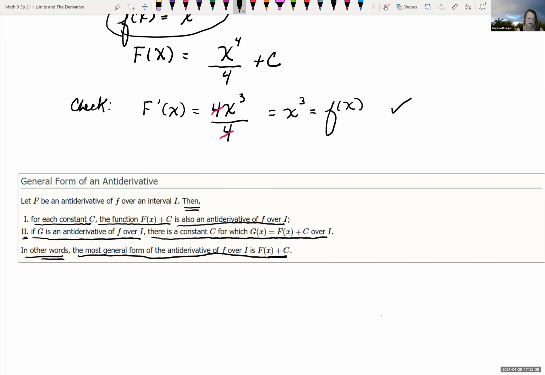So notice that we use capital letters to denote it's the antiderivative. So if our function is little f of x, we would denote the antiderivative of that as capital F of x. If our function was given to us as little g of x, we would denote the antiderivative with capital G of x.